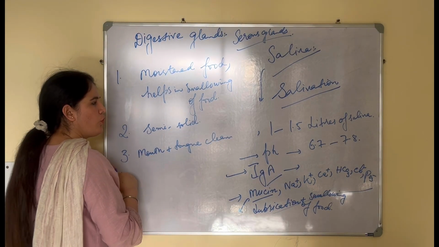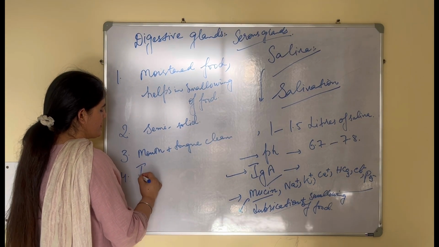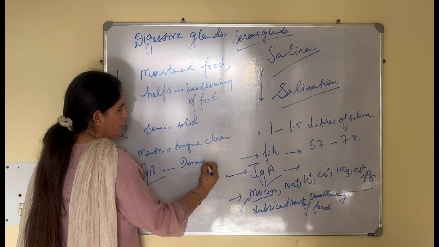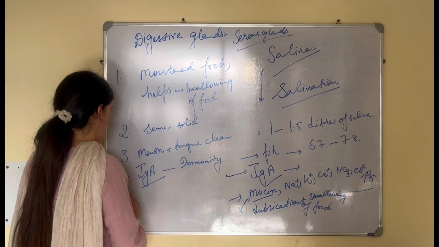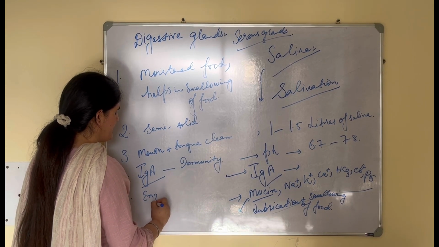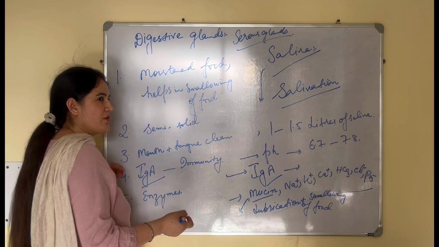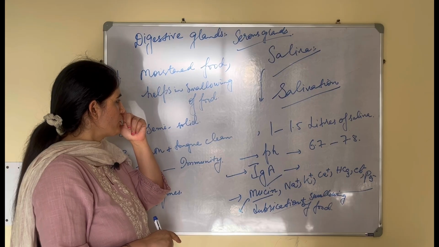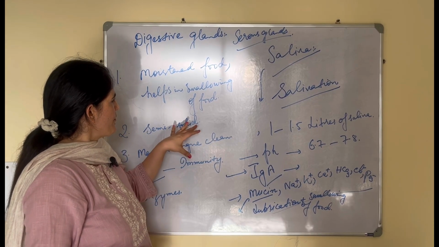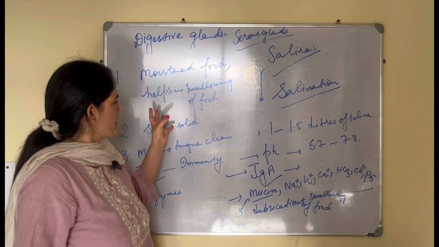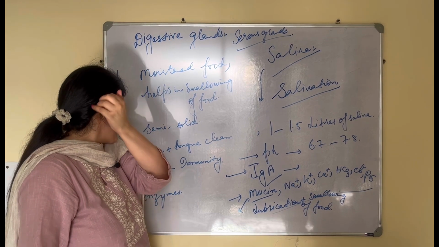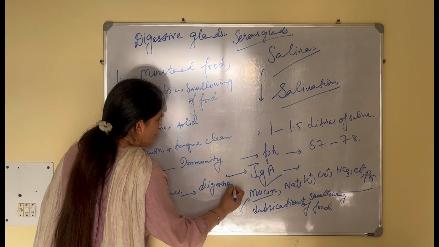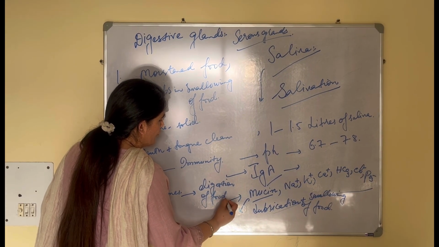The fourth one is that as it contains immunoglobulin IgA, it helps in providing immunity. And it contains enzymes like salivary amylase, lingual lipase, and lysozyme, which help in the digestion and breakdown of food.